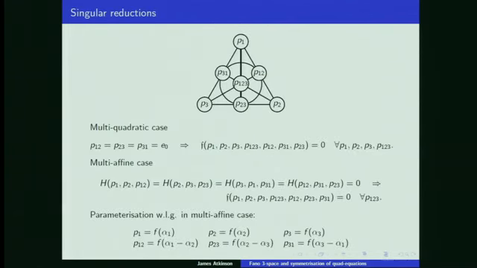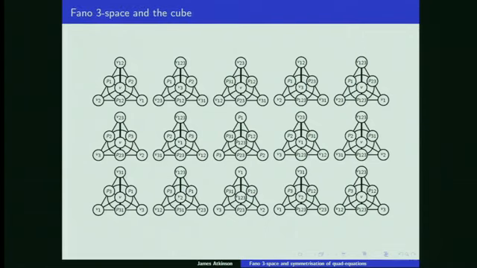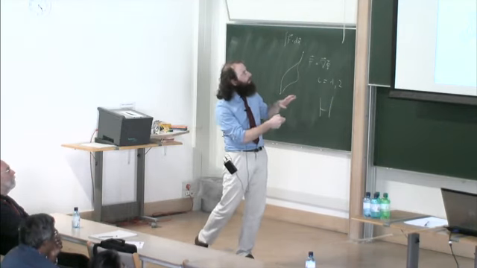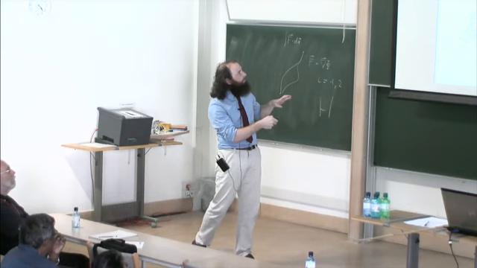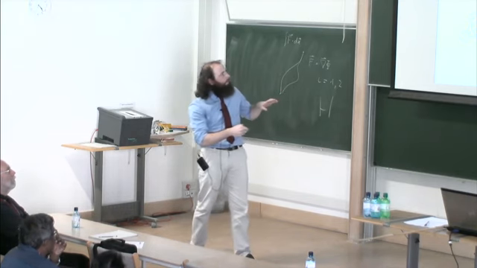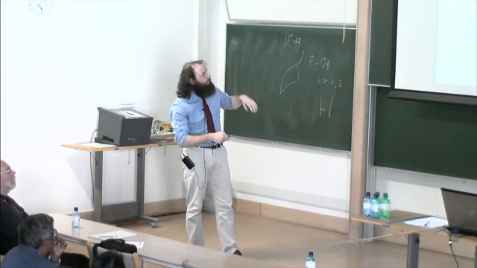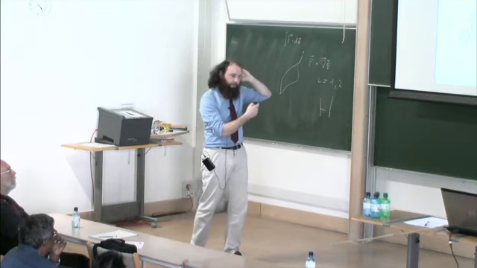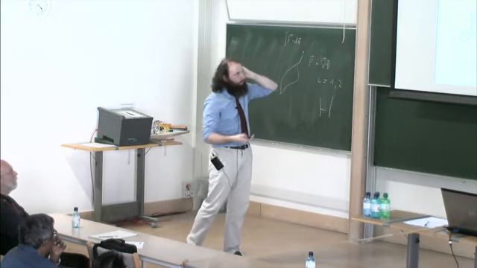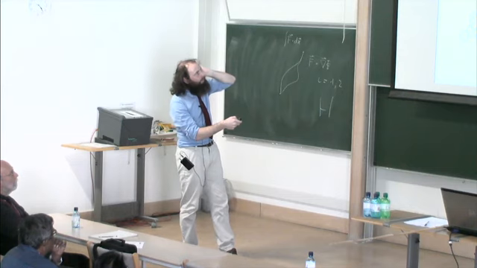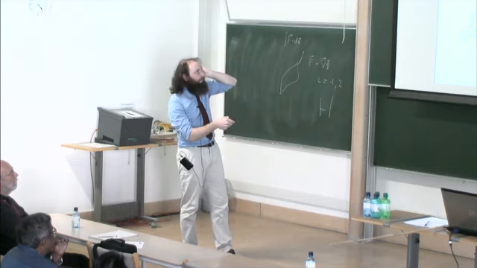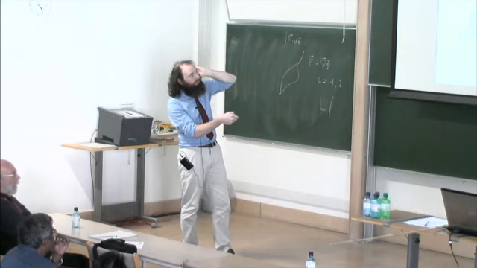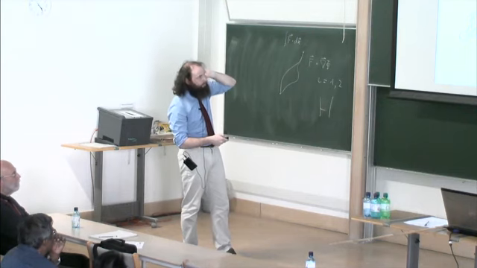Coming to the multi-affine case, there are 4 lines on which h vanishes. And again, those lines all appear on the 6 faces of the cube. So these equations are all multi-affine, and these are the familiar quad equations around the cube. In this case, these 2 are not satisfied automatically, but they're well known because these are the equations on the tetrahedra.